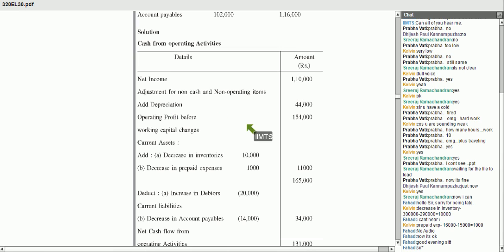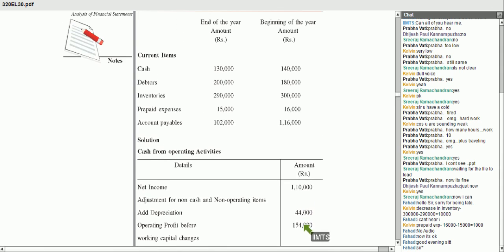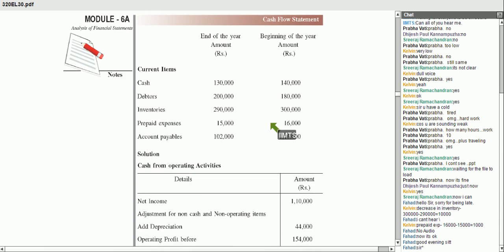So the operating profit before the working capital changes is 1,54,000. How? 1,10,000 plus 44,000. This is the net income given in the question, 1,10,000, and the depreciation given to be 44,000, so we have added them up.